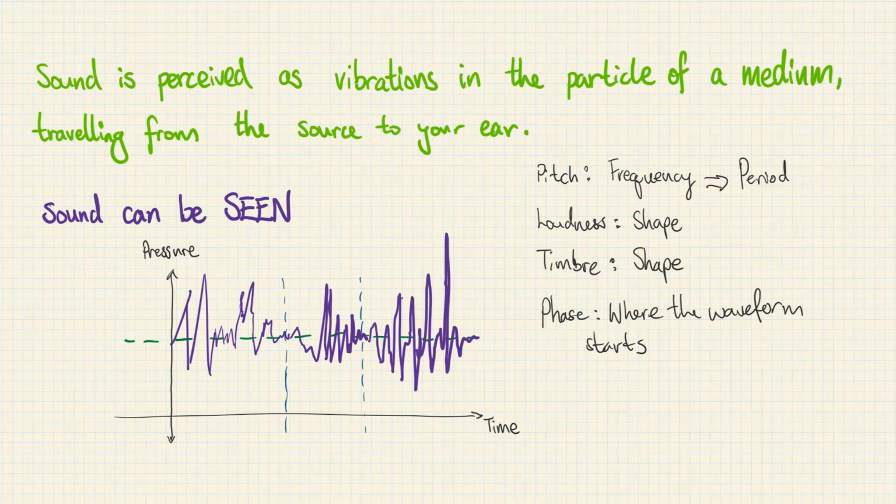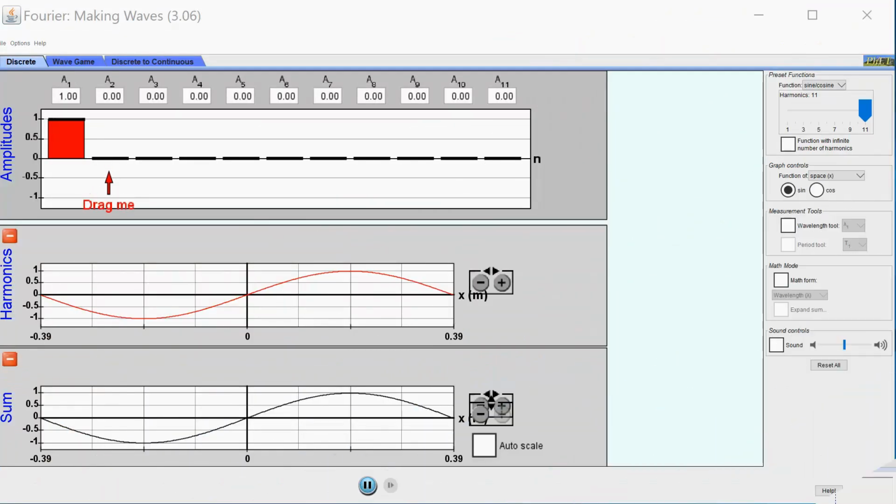As you can see, we have quite a complicated waveform here. What Fourier series does is it basically decomposes these patterns into a sum of simpler patterns that, when added together, make this complex pattern. Now, I recommend you play with this application to familiarize yourself with the concept of Fourier series.